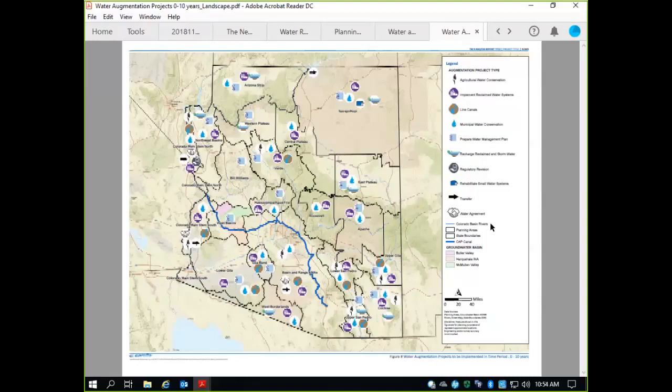The demand information, we can do some good updates, and that's really what Vivian's focusing on. But the supply side, the data for the supplies is rudimentary and from the 1960s, with some millions of acre feet in some areas.